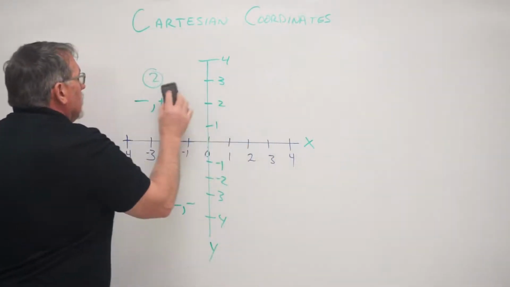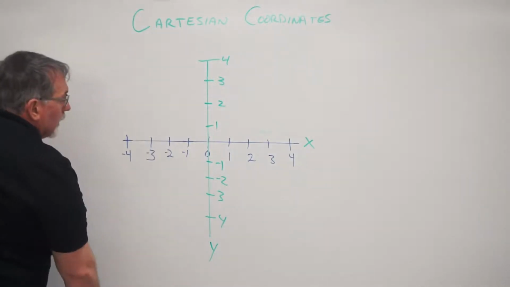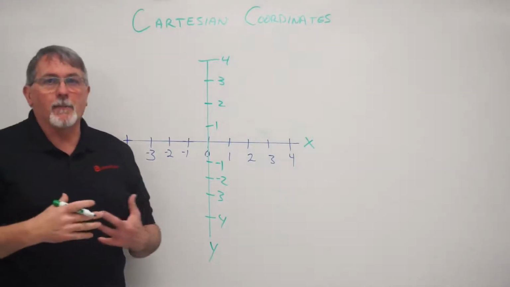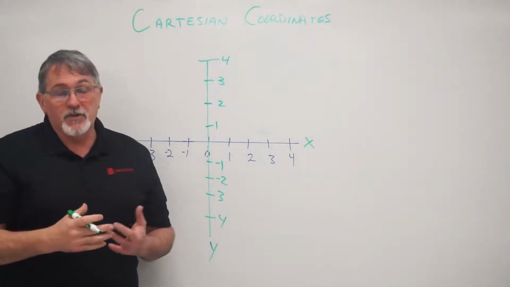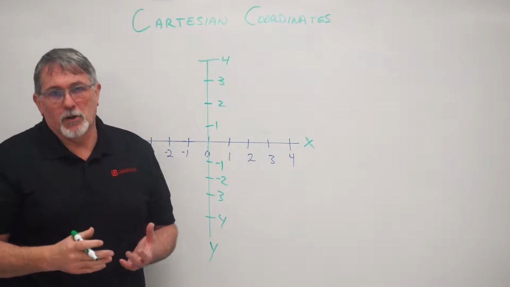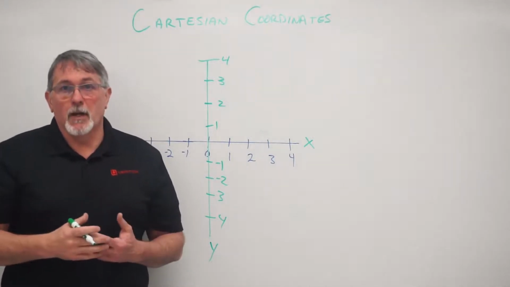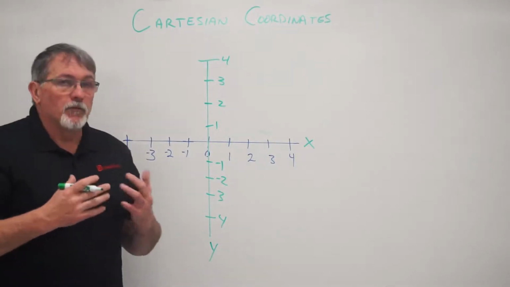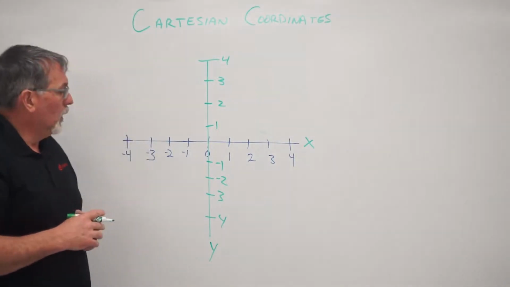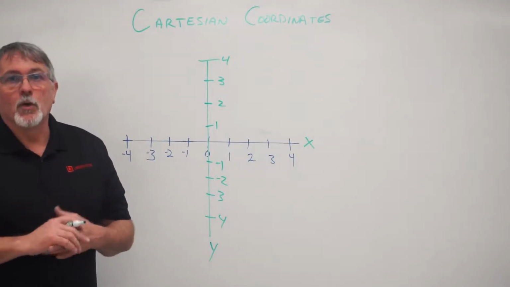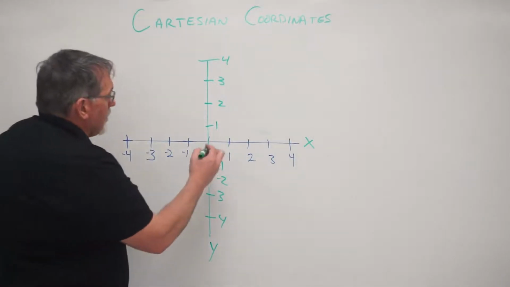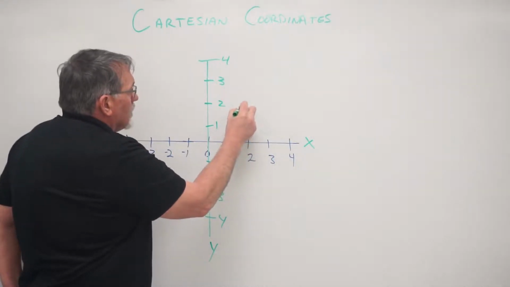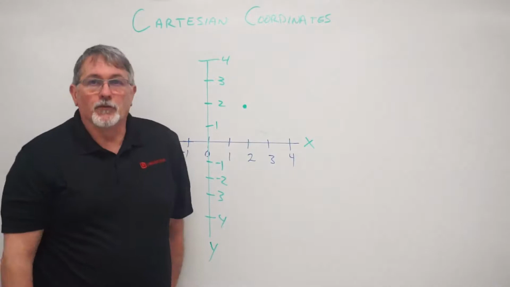So how does this work? When we give a location in a machine, we always have to establish a 0 position. And that position can really be anywhere on your part, anywhere on your machine. That's just determined by the programmer. So if I were to give you a position from 0,0, we're going to move to an X 2 inches, Y 2 inches. We simply go over in X 2 inches, and then up in Y 2 inches, and that's the position we want to move to.